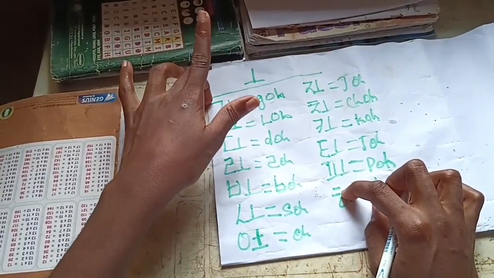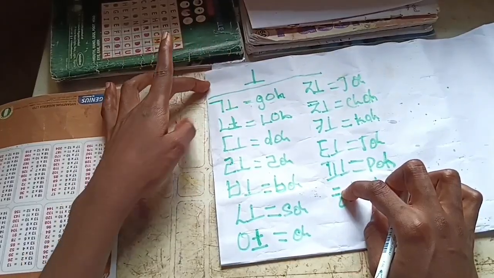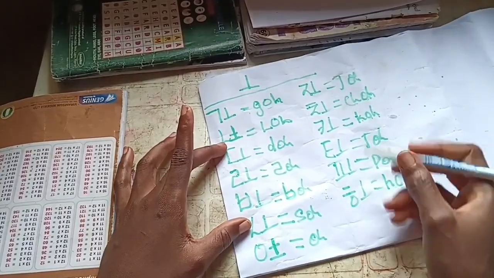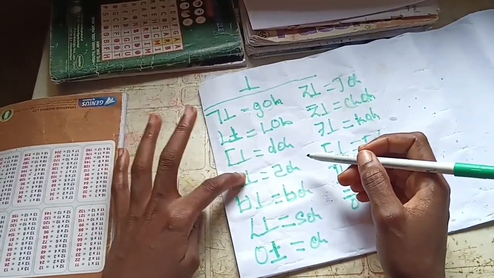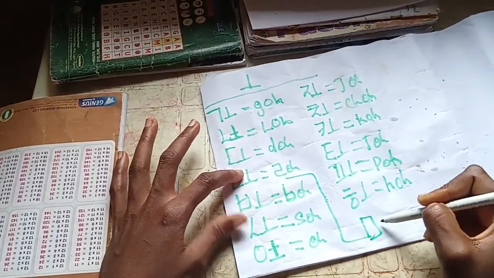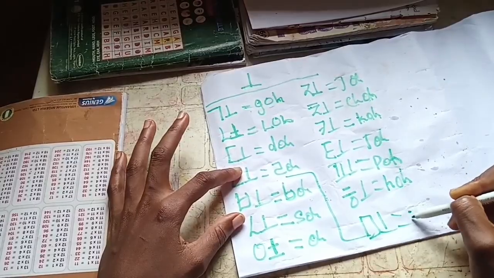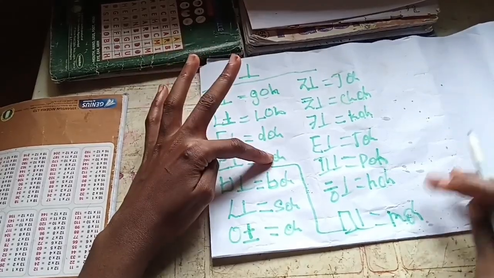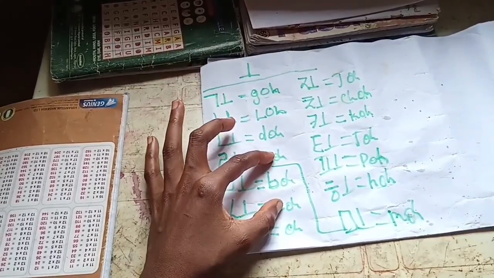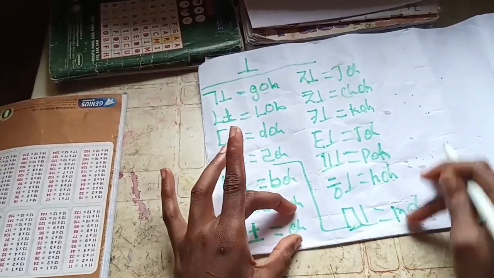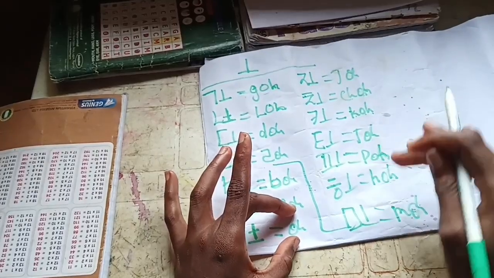Which one did I miss? Mo. I missed mo. So the mo comes after ro. So let's just put it here. So go, no, do, ro, mo, bo, so, o, jo, cho, ko, to, po, ho.